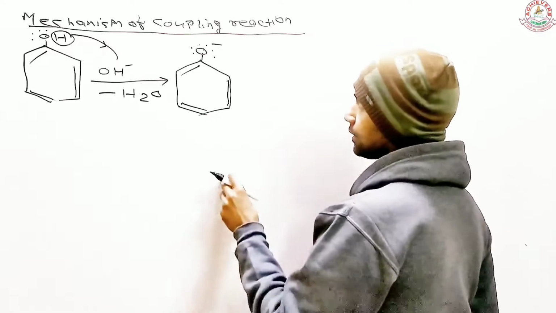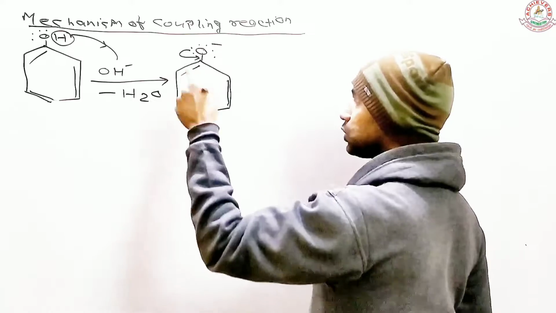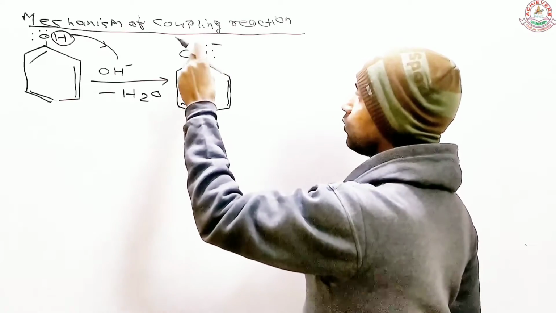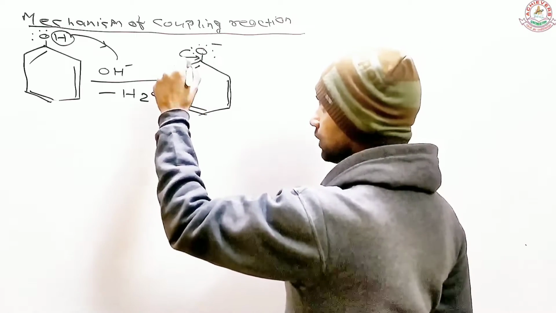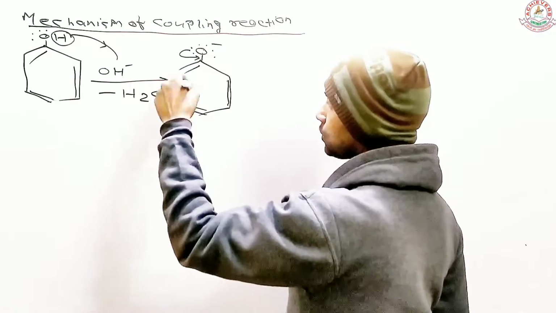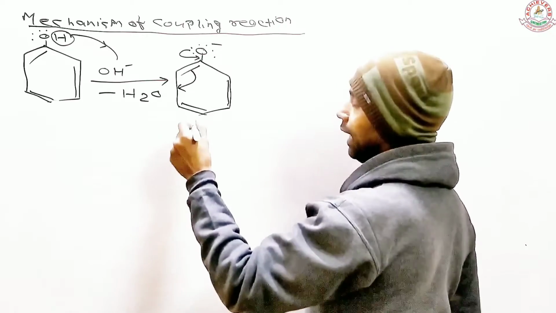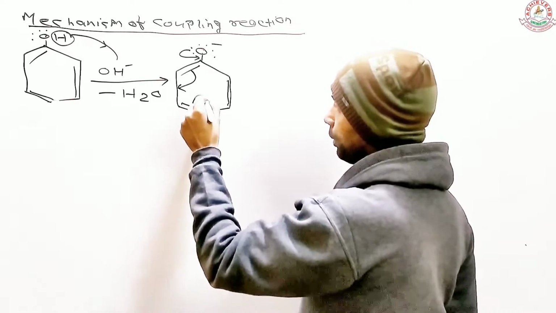What happens next is it undergoes a kind of plus R effect, though it's not completely a plus R effect. This single bond converts into a double bond, and this double bond shifts its electron to the next position, and similarly this electron shifts to the para position.